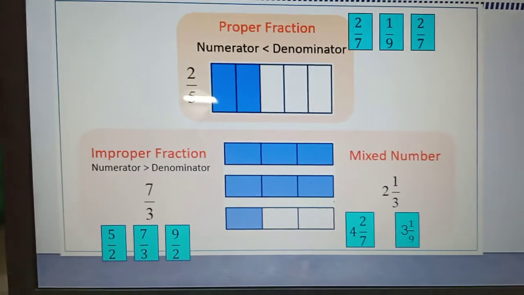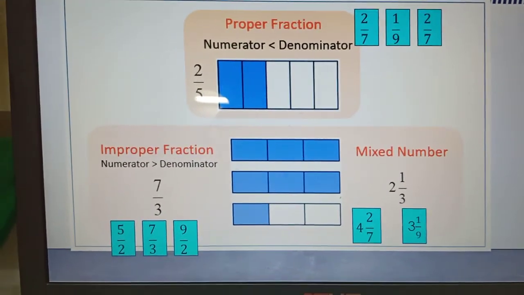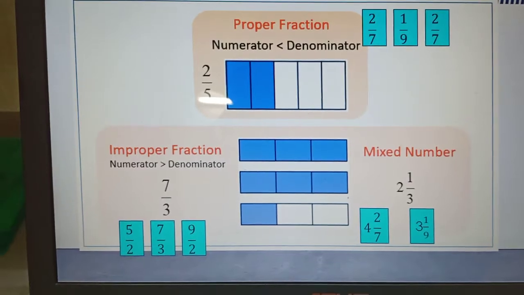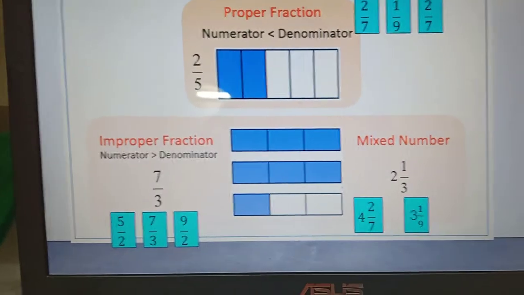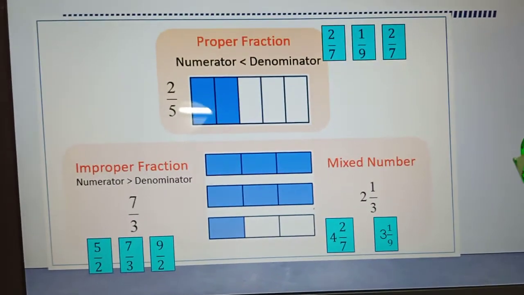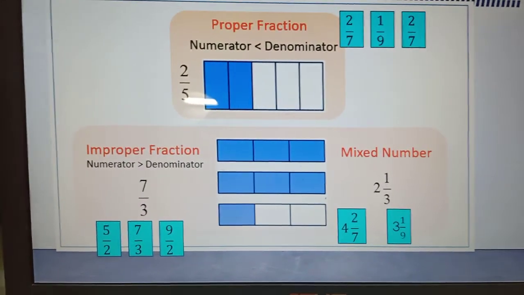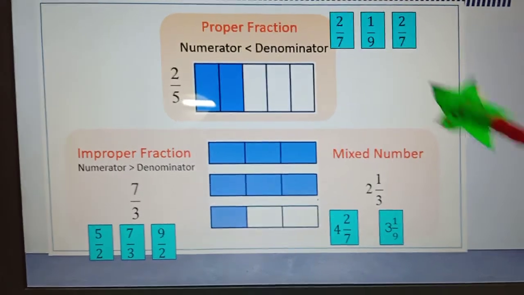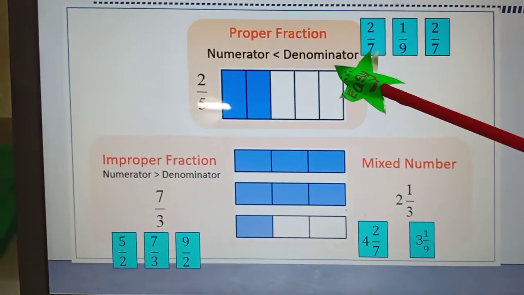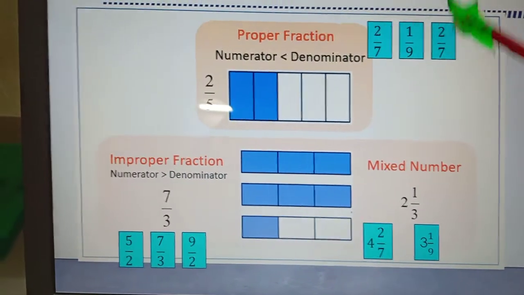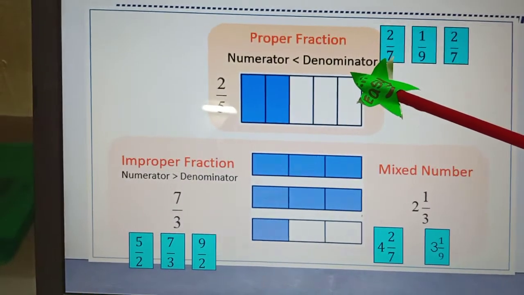Teacher wants to tell you an easy way to remember what is a proper fraction and an improper fraction. It's like your mother or father can carry you. It means the bottom one is mother or father, the top one is you. Bigger, right?